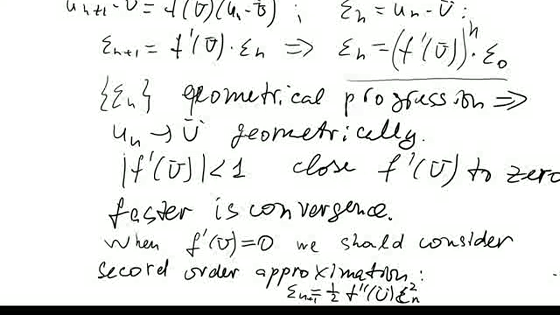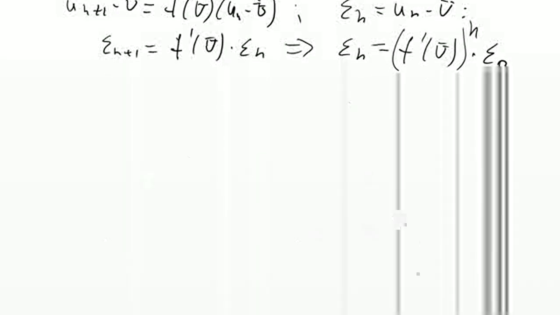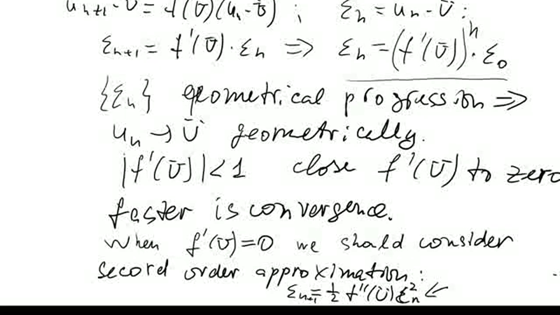And now we see that when epsilon n tends to 0, then epsilon n plus 1 will get to 0 even faster than geometric.